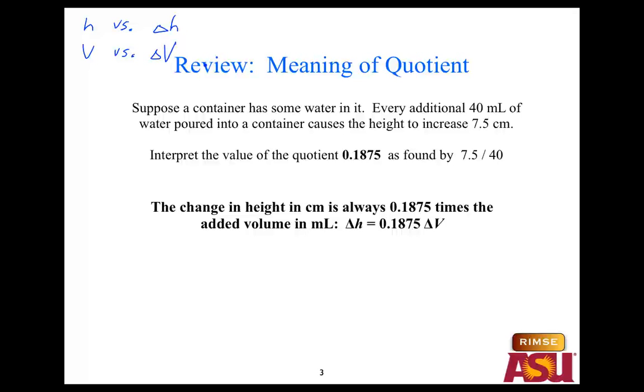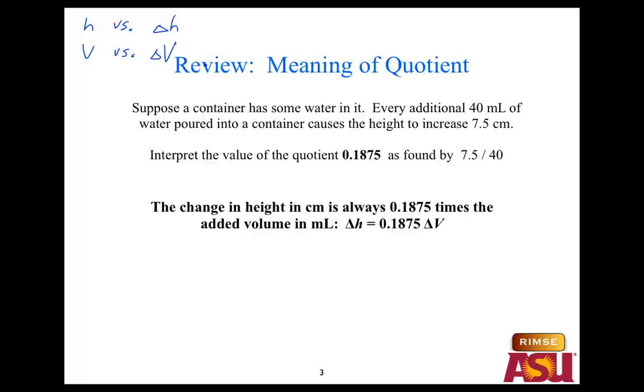Yeah, I think it's the other way around. No, I like what you're going for. But so what is that? Is it milliliters per centimeter or centimeters per milliliter? Centimeters per milliliter. Yeah, it'd be centimeters per milliliter. So that would be how much the height goes up per 1 milliliter added, right?